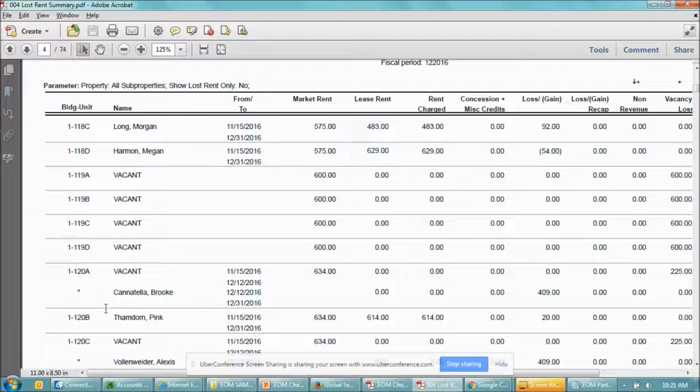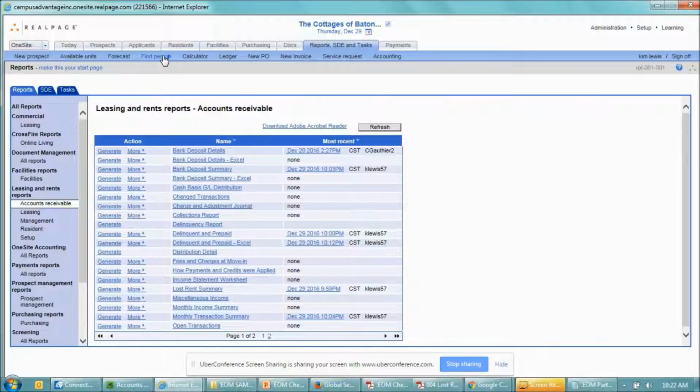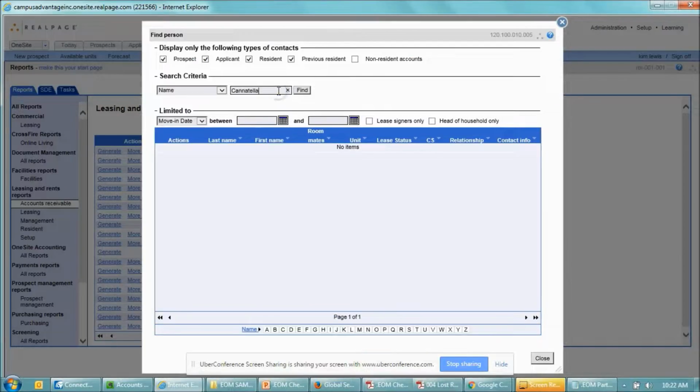So if I was looking at Brooke Canatella, I would see that she doesn't have any lease rent set up, and she also has not had any rent charged, because you see in the third column it says 0. And so of course it's recognizing a loss, and I would be looking at that to see if perhaps we didn't charge the rent when we moved Brooke in.